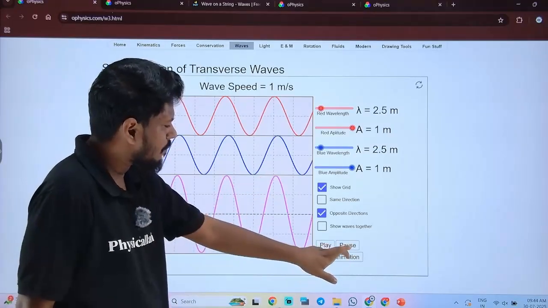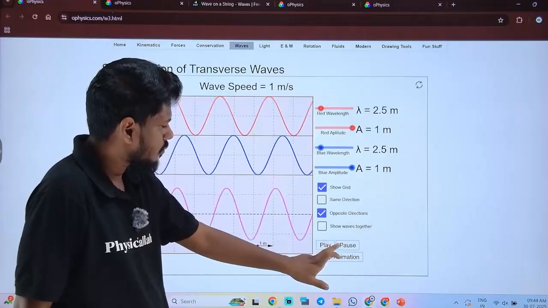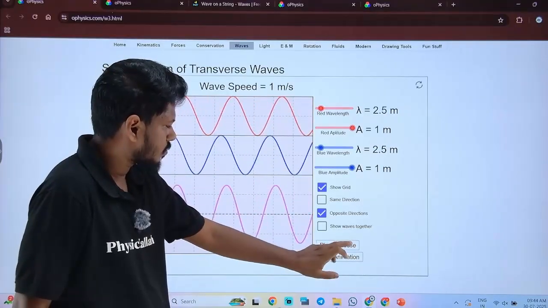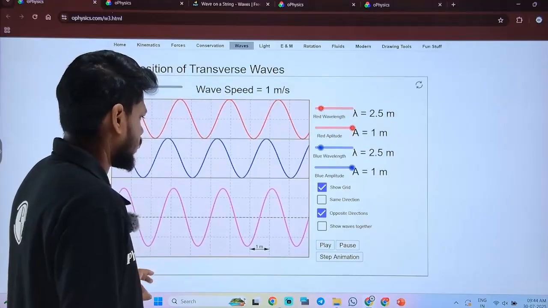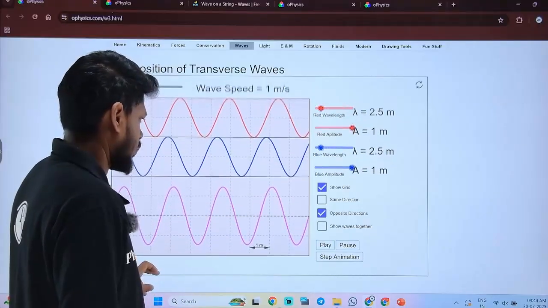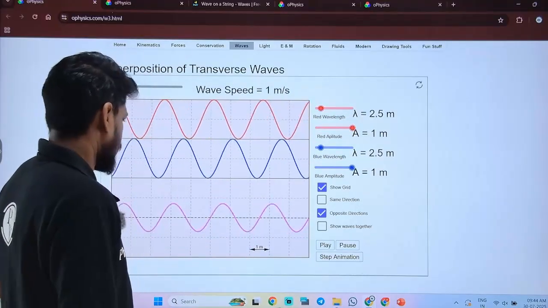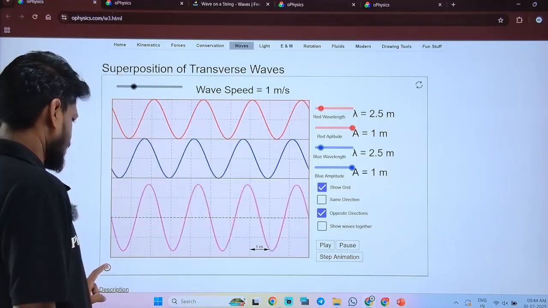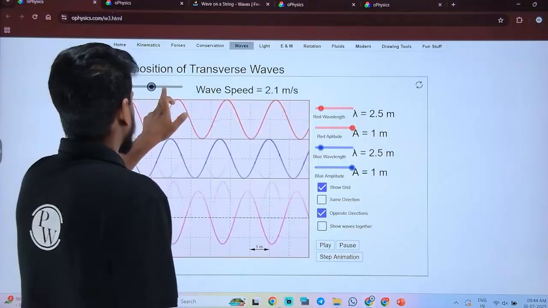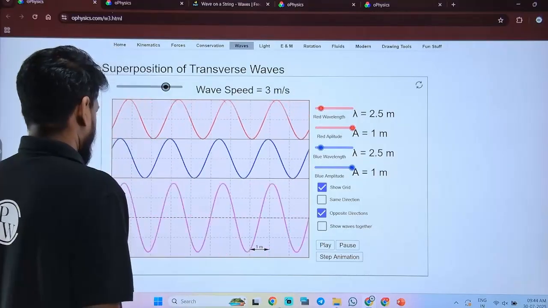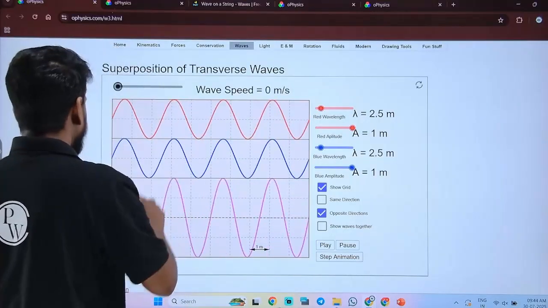Now after some time, let me reduce the velocity of the wave.